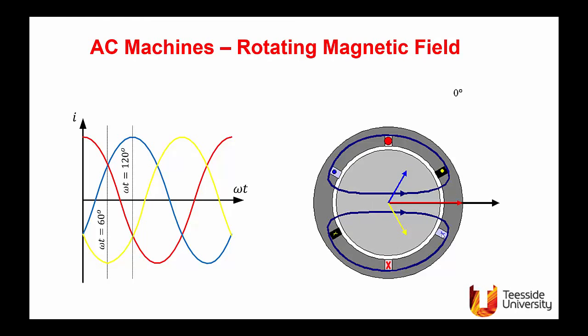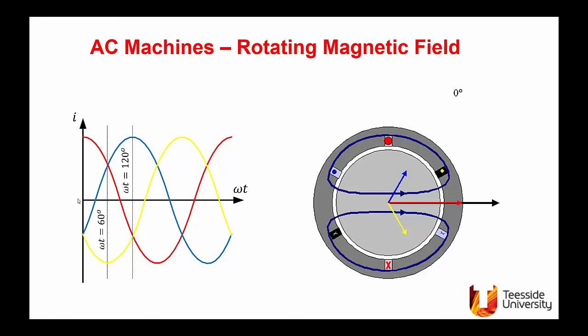The blue and yellow act like a coil, although actually they are coil sides belonging to different coils. They act that way because the current is the same, so that's current in, current out producing field in this direction. Red current in, current out produces again a horizontal direction, and then here the yellow current in, the blue current out, which are equal in magnitude, will produce again field in this direction.